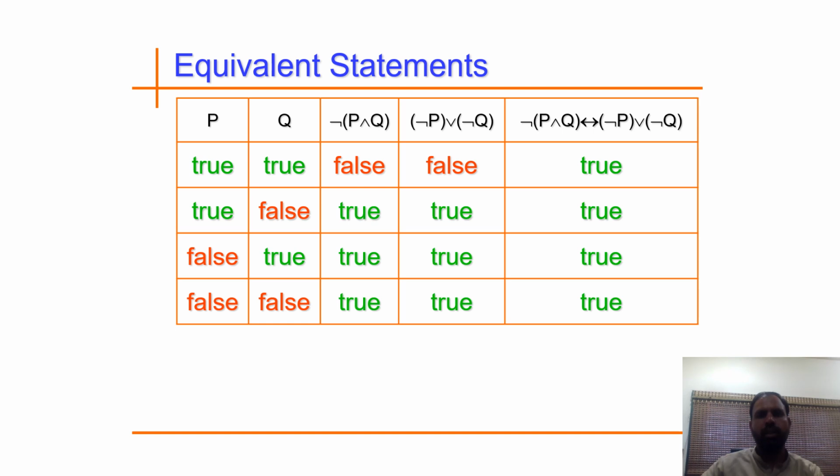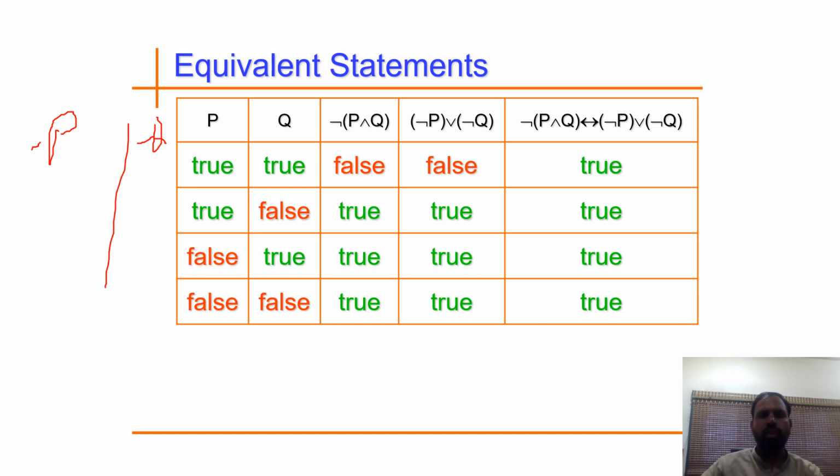Now negation of P or negation of Q. First we make two columns, negation P and negation Q. If P is true, then negation P is false; Q is true, negation Q is false, so the OR between negation P and negation Q will be false.